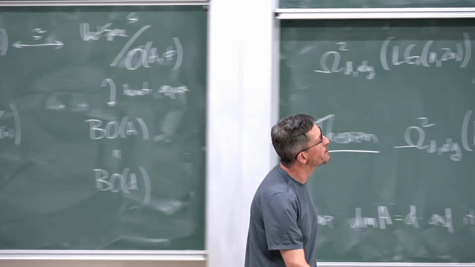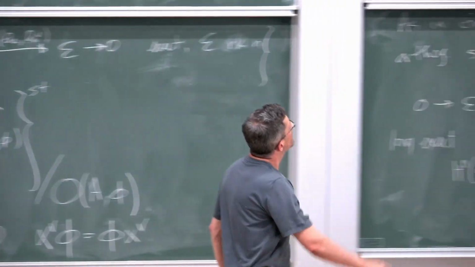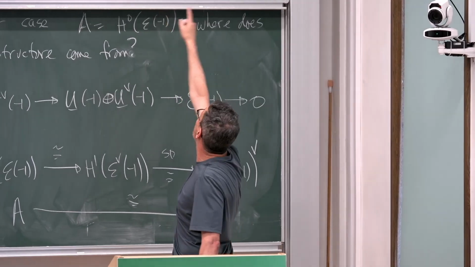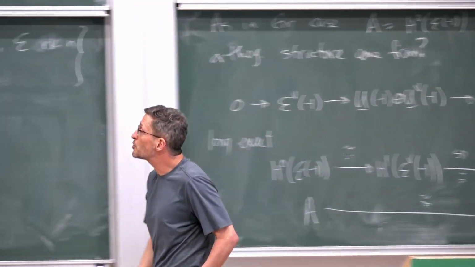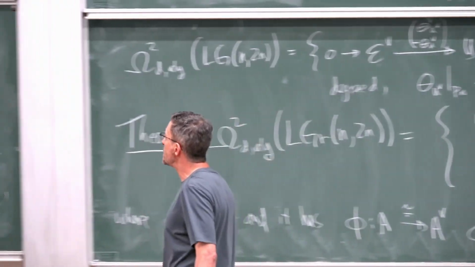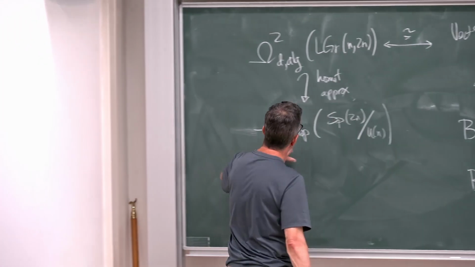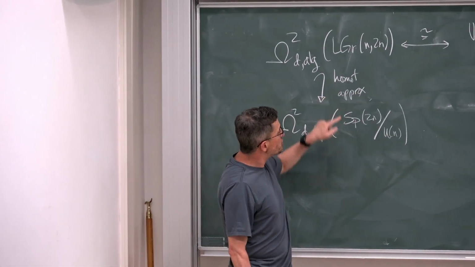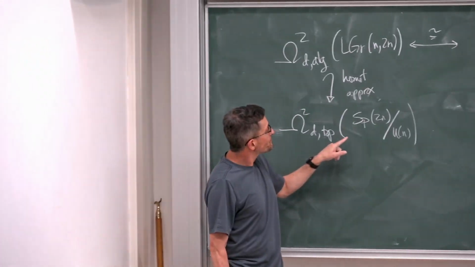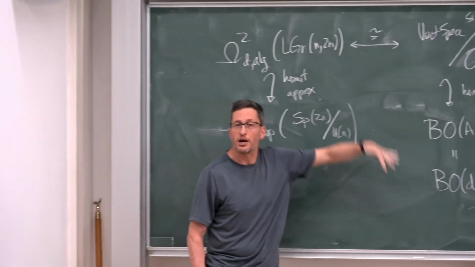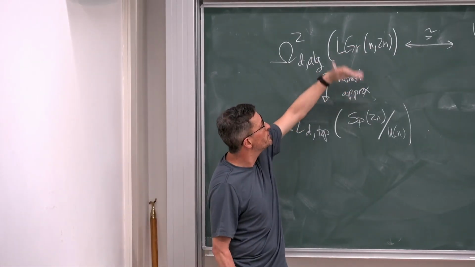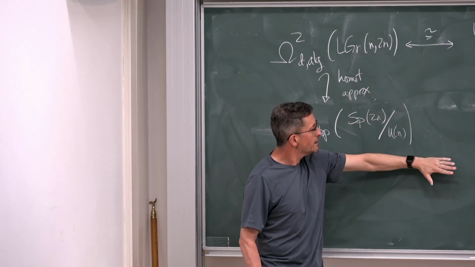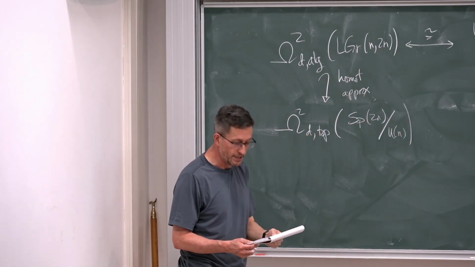So if you look up here, you see that this is again a finite dimensional realization of this: SP mod U is homotopy equivalent to BO, but I've got the degree D here and the D there and the N there, and these two have the same homotopy groups up to a range that one can compute. So this is again some sort of algebraic refinement of that Bott periodicity statement.